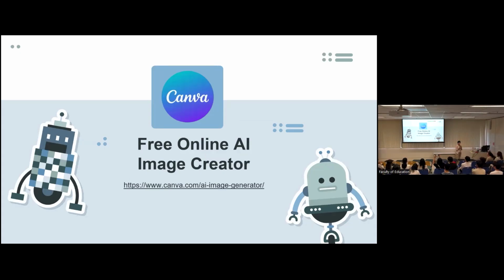From time to time, if we want to include some visual images, I know that we can find a lot of visual images from the internet by doing a Google search, but sometimes you may not be able to find the visual images that are so relevant to your lesson topic.